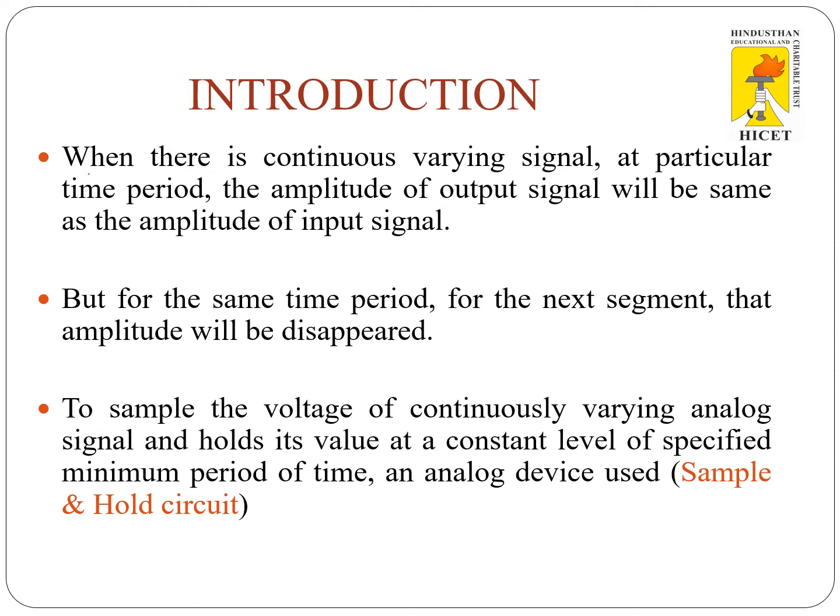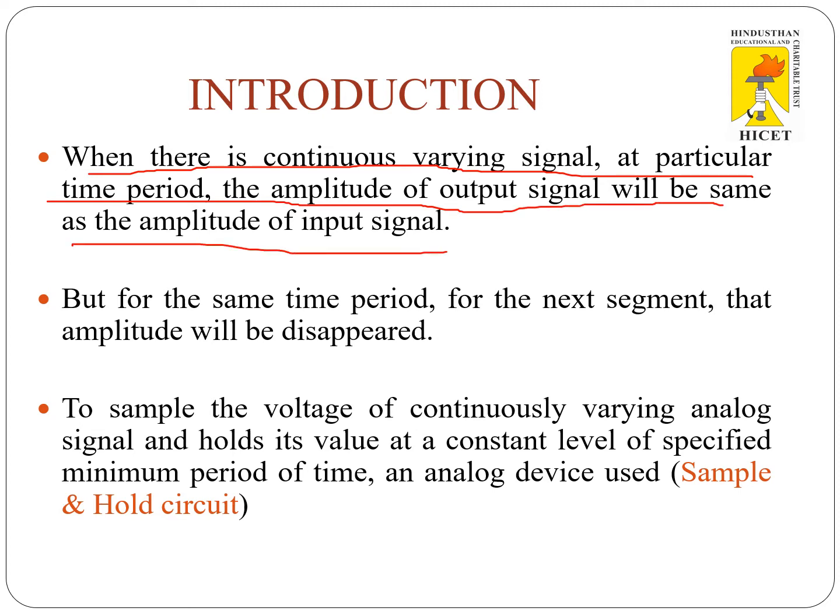When there is a continuously varying signal at a particular time period, the amplitude of the output signal will be the same as the amplitude of the input signal, which means you don't have any variation in the output whenever you apply any input signals. But for the same time period, for the next segment, that amplitude will disappear. This is what I am telling you, the sampling and holding.